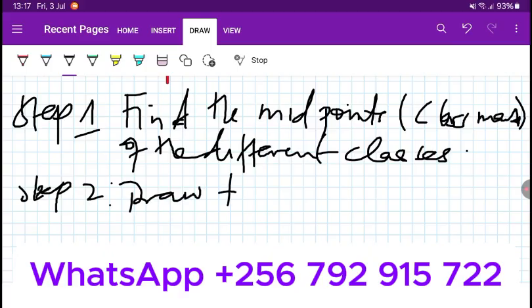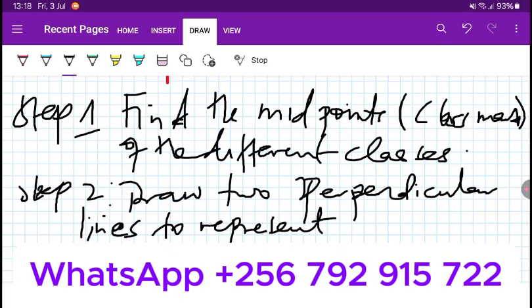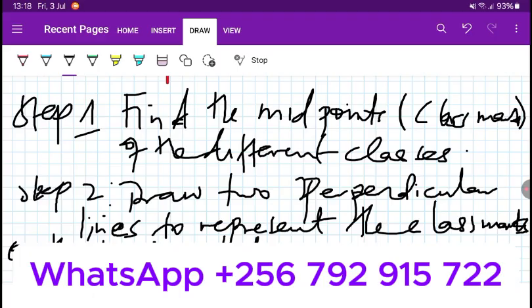the two perpendicular lines to represent the class mark, or the midpoints, the class mark on the horizontal, and then frequency on the vertical.